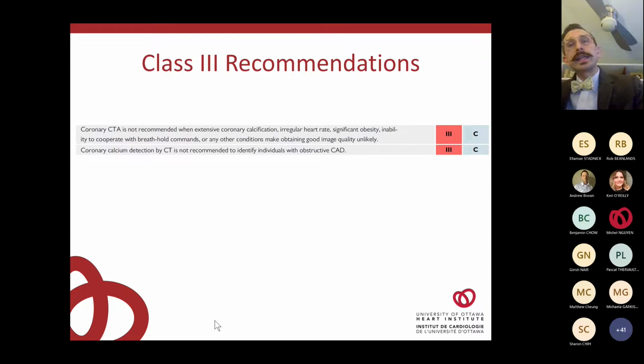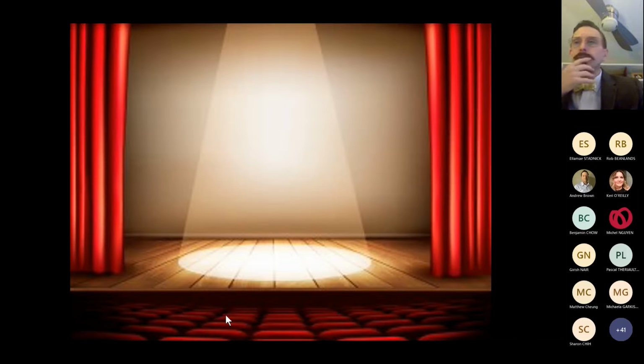Performing cardiac CT is a Class 3 recommendation in the presence of extensive coronary calcium, irregular heart rate, significant obesity, inability to cooperate with breath hold commands, or any other conditions which could compromise image quality. Also, we do not use coronary artery calcium scoring to identify individuals with obstructive CAD.